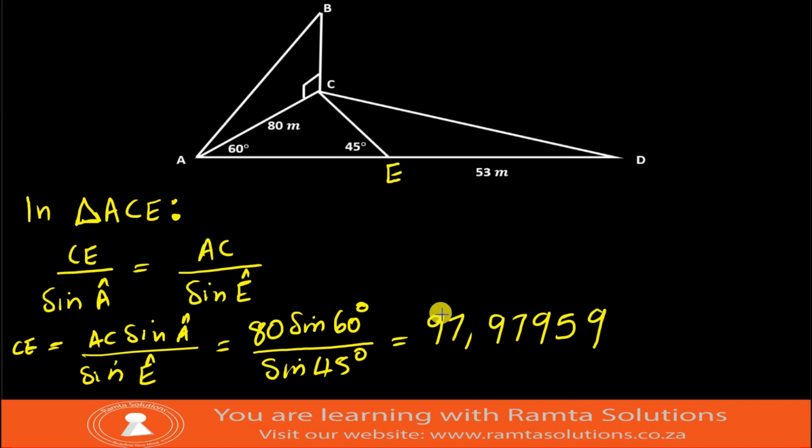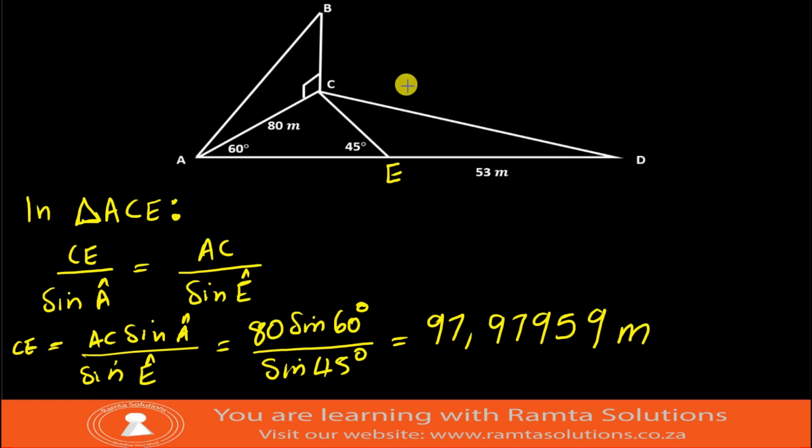Because we round our final answers to 2 decimal places, I like leaving answers in the middle of a calculation to maybe 5 decimal places because it will not affect my final answer that much. So it will be 97.97959 meters. That is your CE.